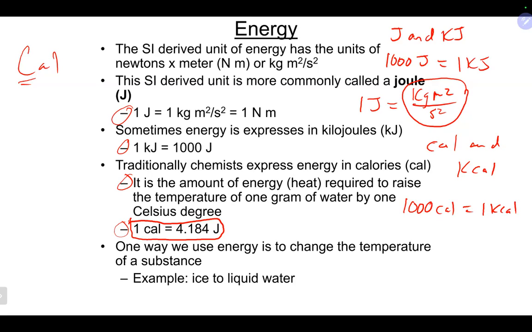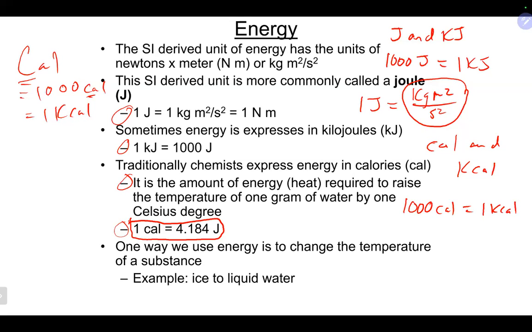And that actually is 1,000 of the little guys, which is 1 kilocalorie. So 1 kilocalorie is a nutritional calorie used with food and obviously exercise and stuff like that.